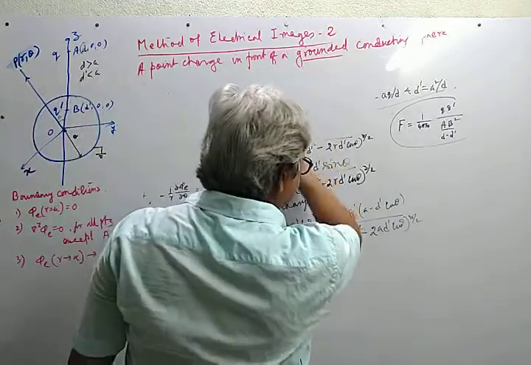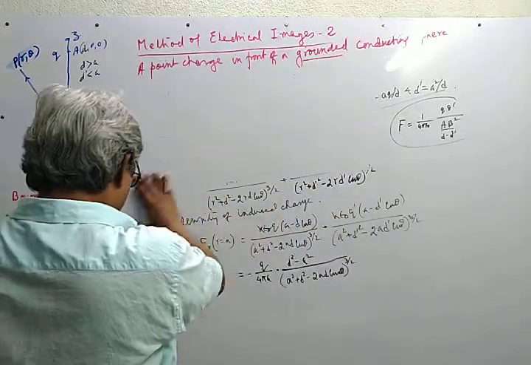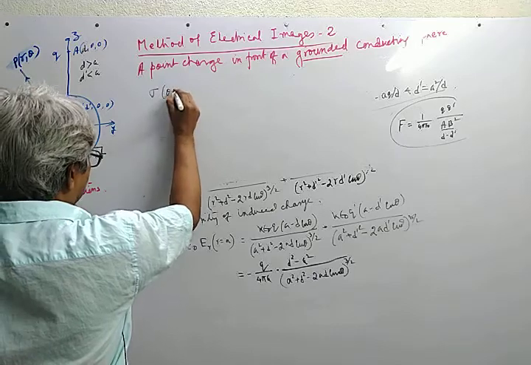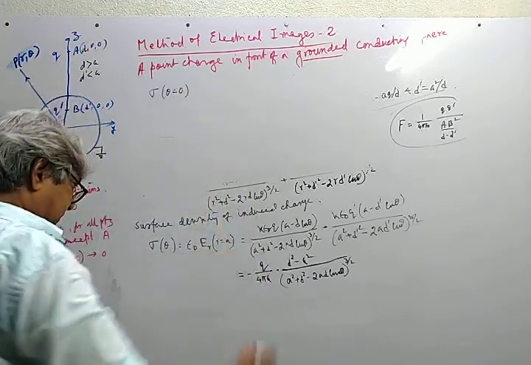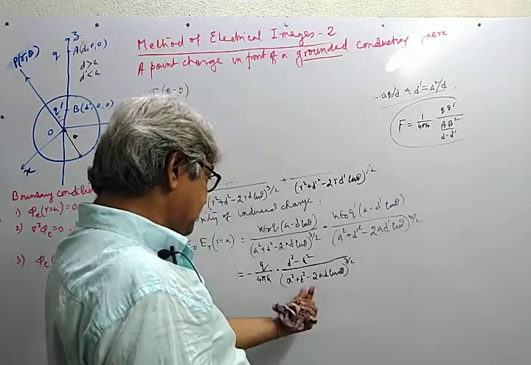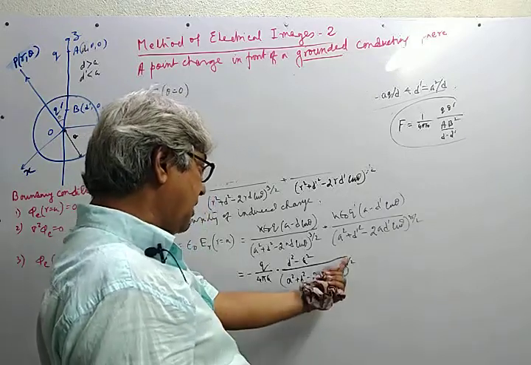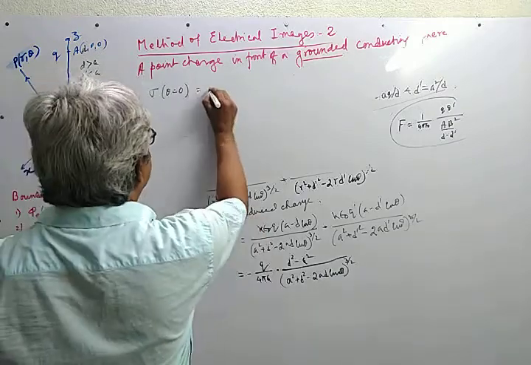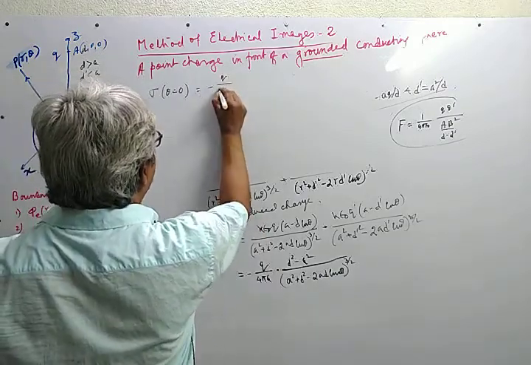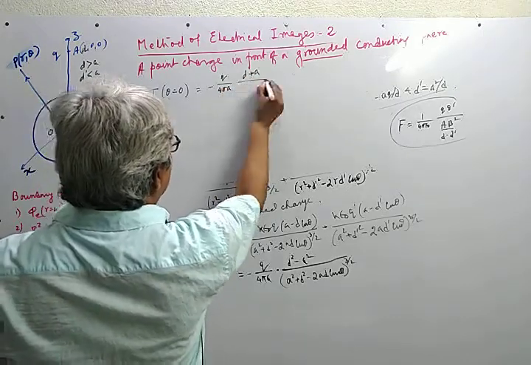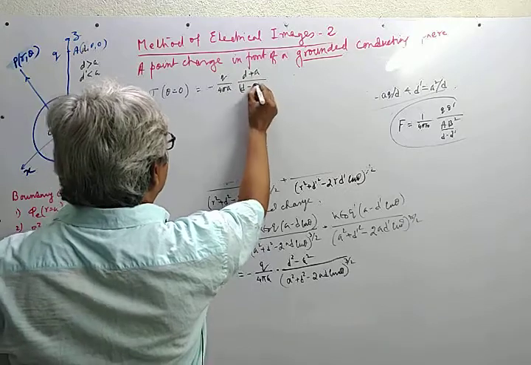Now the surface density of charge will be sigma at theta equal to 0. At theta equal to 0, cos theta is 1, so this is d minus a to the power 3. On simplification this becomes minus q upon 4 pi a, d plus a, d minus a whole square.